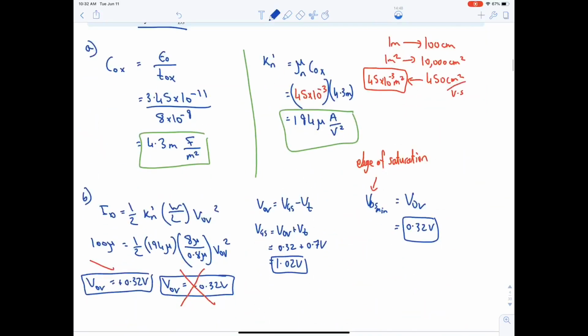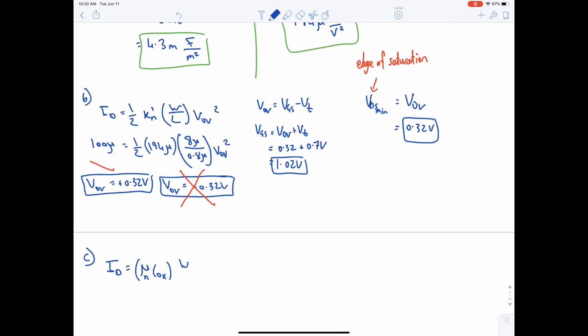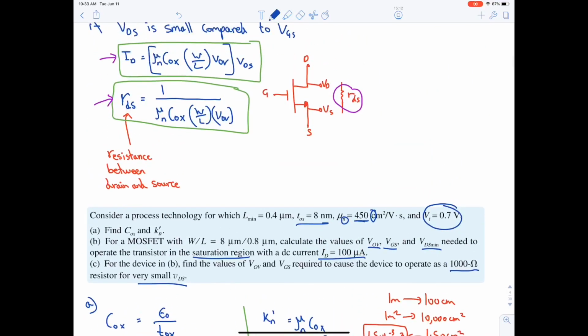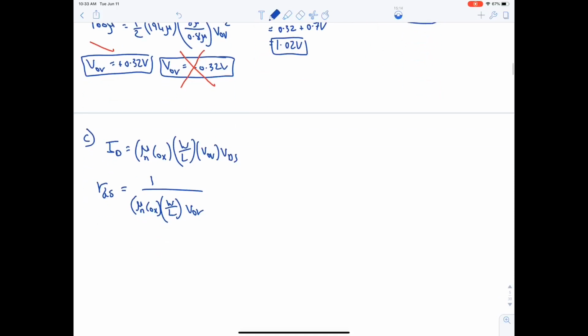But we're not looking for this, we're looking for the RDS. RDS is equal to 1 over mu n COX W over L VOV, right? Yes.